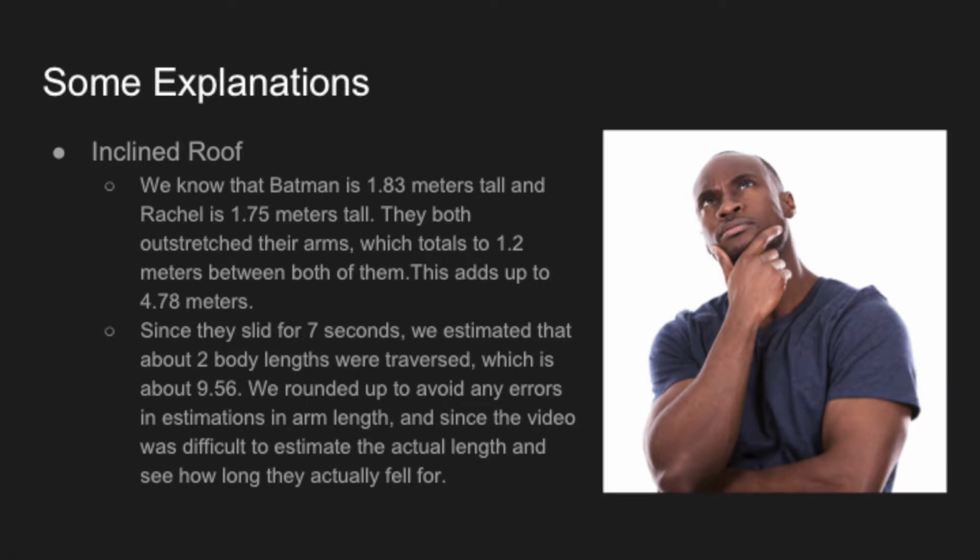When beginning any sort of calculation, we have to look at the variables that we're using in order to get an idea of where we're even starting. So on our incline roof, the first two variables that we needed to discuss were the heights of both Batman and Rachel.